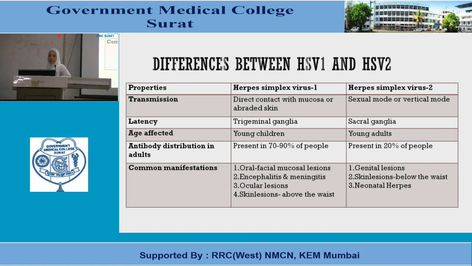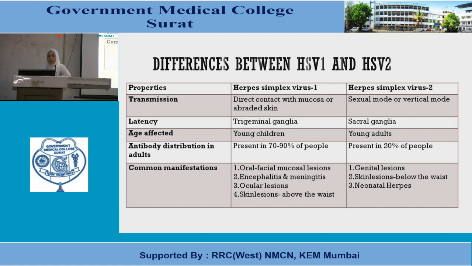How they present clinically: herpes simplex 1 will usually present with oral, facial, mucosal lesions. Many times there are small pustules or papules at the edge of the mouth or the angle of the mouth. That is how you know this is the area which is affected. It is oral, facial, mucosal lesions.